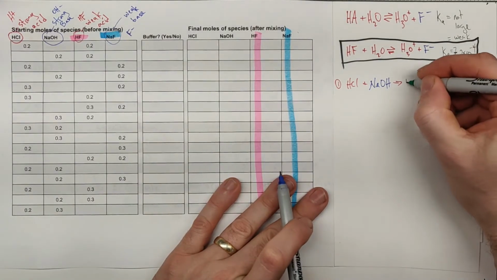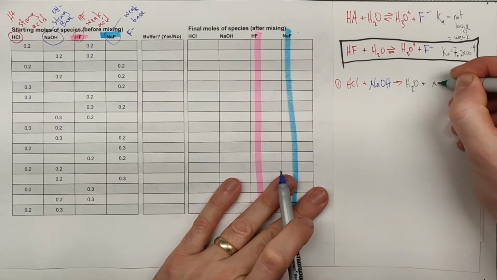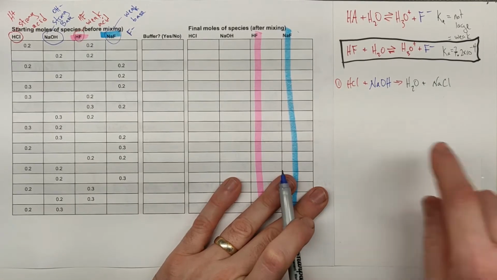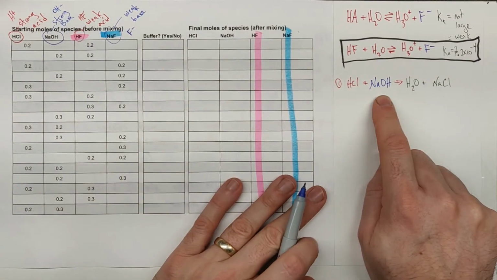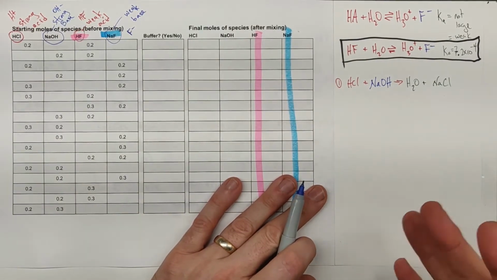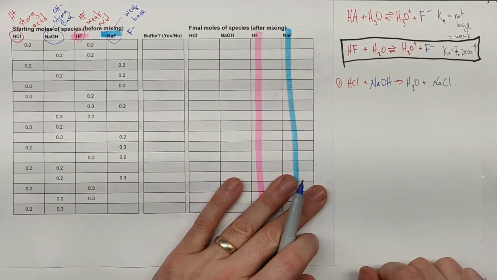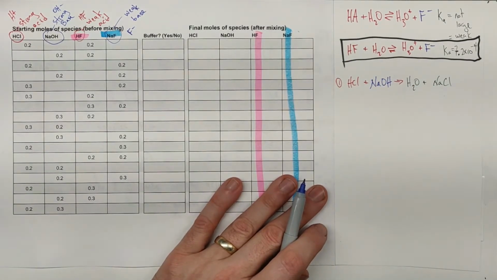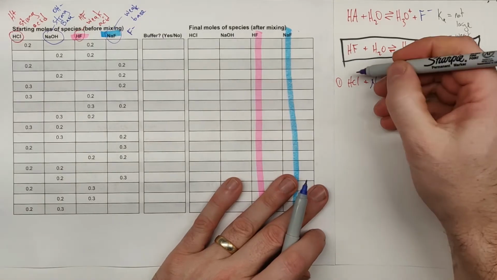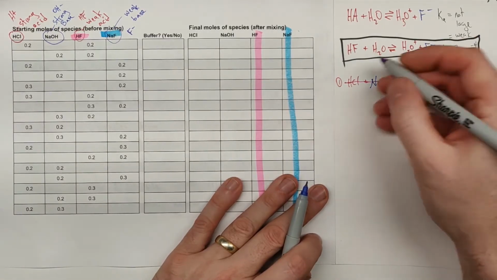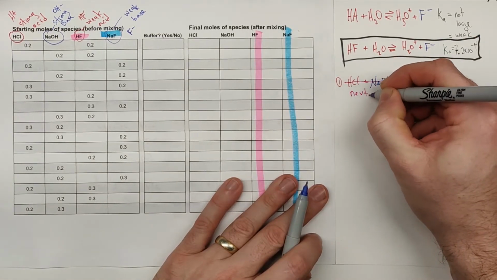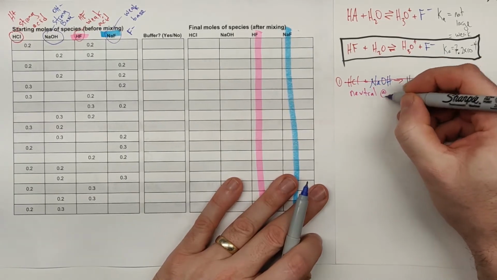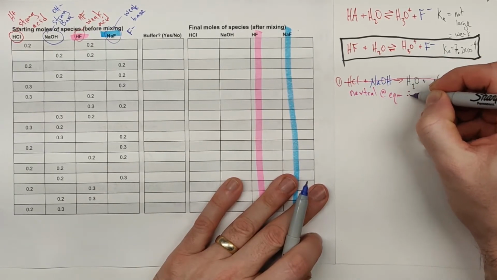We're going to get water and NaCl. Alright, since HCl is strong and NaOH is strong, we don't have a buffer system. We don't have the HF or the NaF in this particular case. So this is not a system that's going to work too well for us. So I'm just going to declare neutral at equilibrium. Therefore, it's not a buffer.